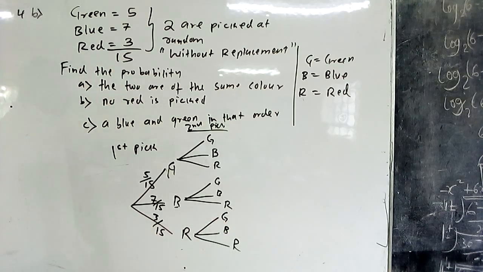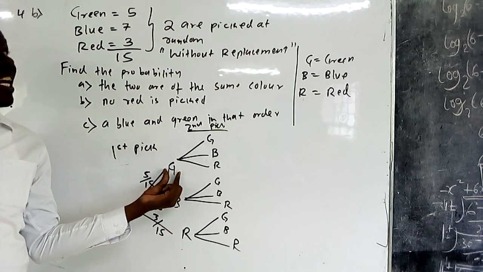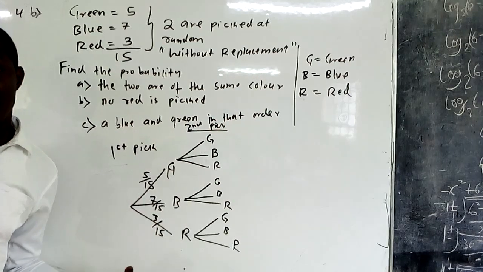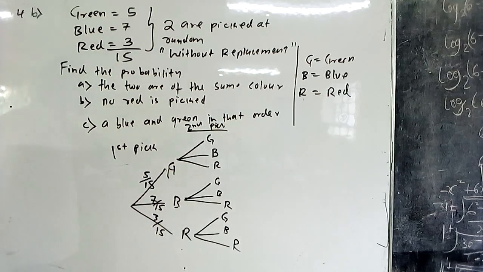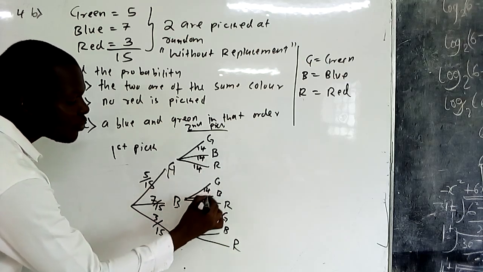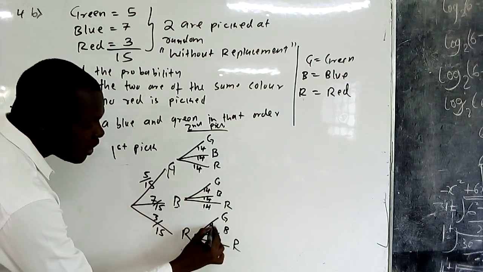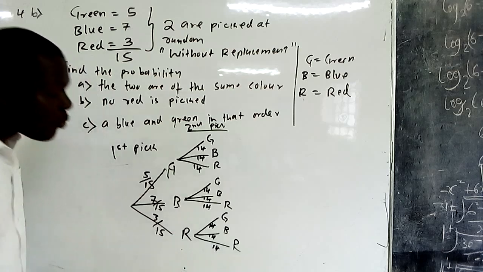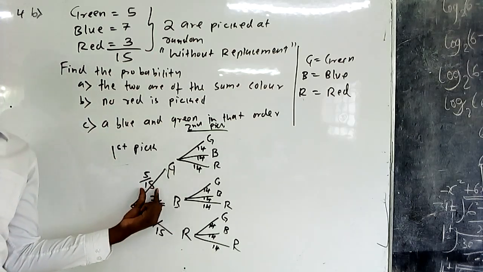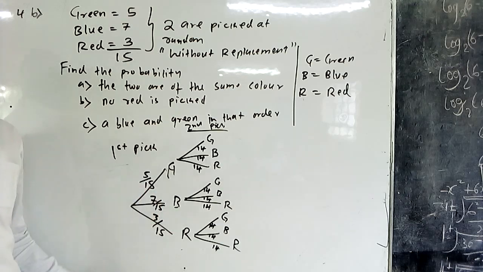Then you ask yourself, if the first pick was without replacement, there were 15, and you remove 1, how many are left? 14, meaning the second pick is just out of 14. Everything is out of 14 in the second pick, because you pick and you don't replace. If in the first pick there were 15 and you've removed 1, only 14 are remaining.